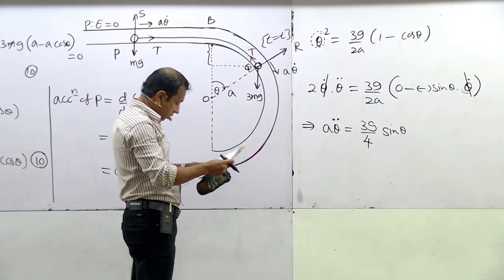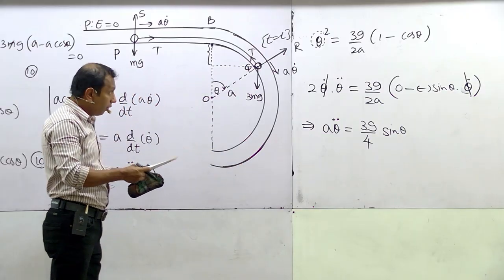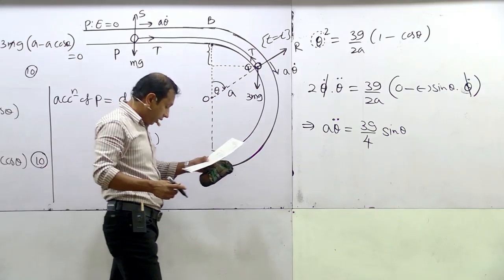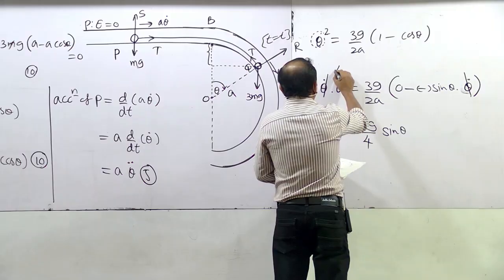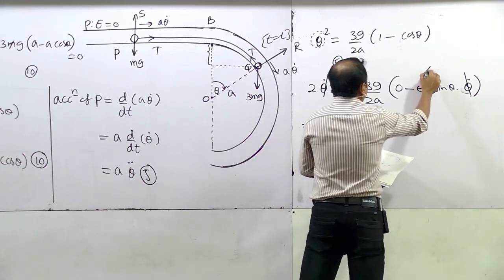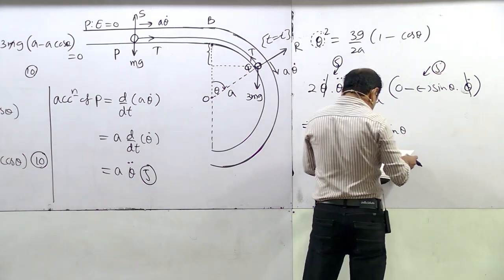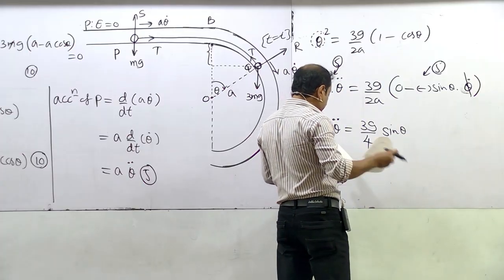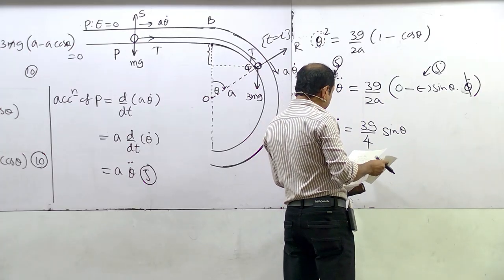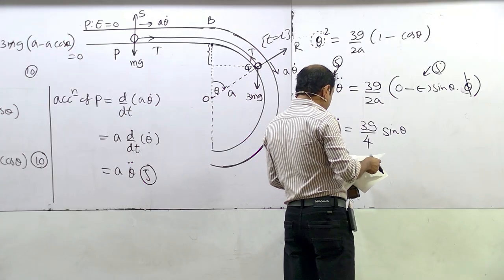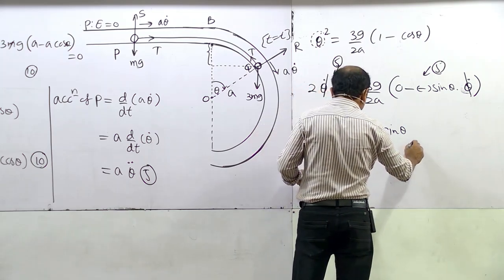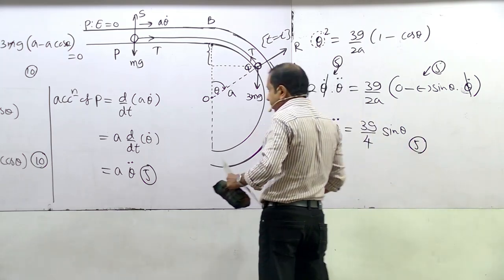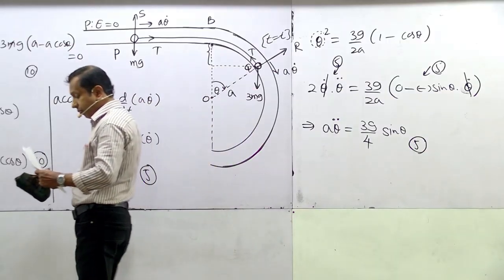Alright. Here we get for the differentiation part, for this side 5 marks, this side 5 marks, and then this is 5 marks. That is the expression of P.